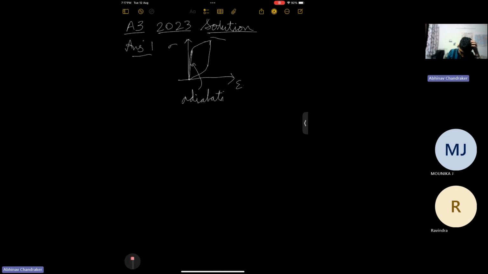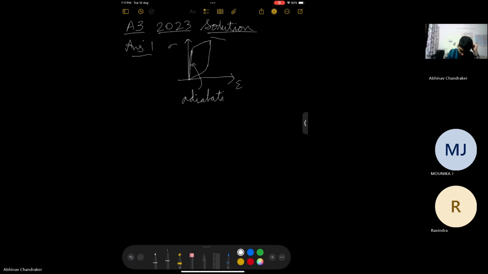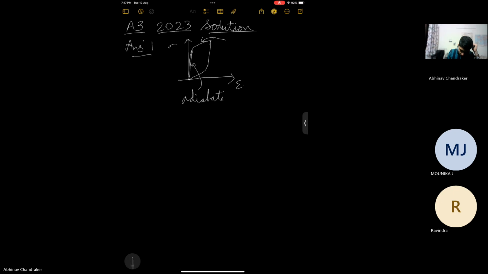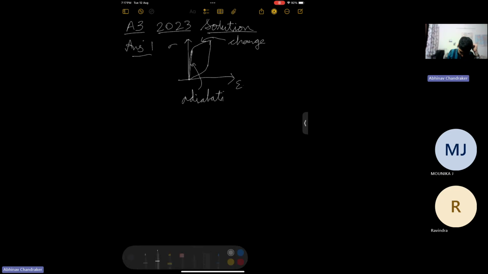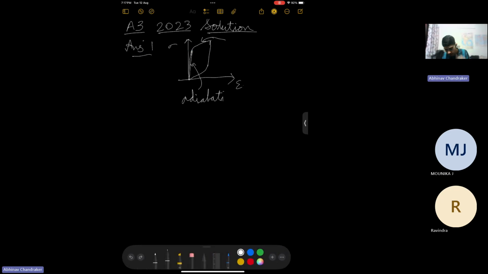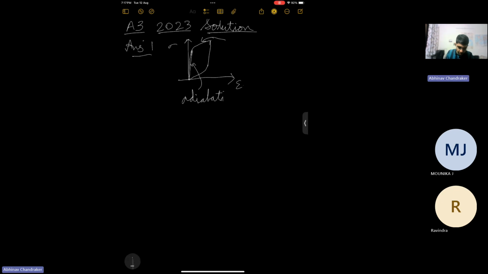And here you will have some change in temperature. Sorry, adiabatic also will be associated with change in temperature. Here you will have a heat transfer, heat change. So overall there will be some energy dissipation, but it will not be in the adiabatic part.